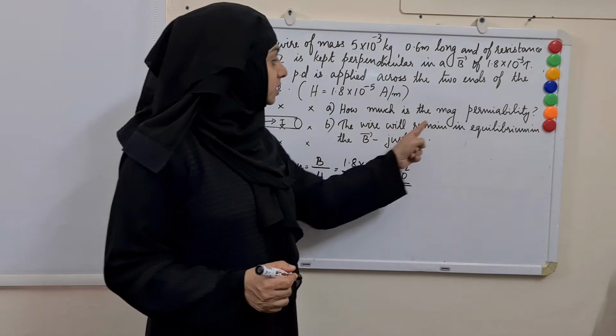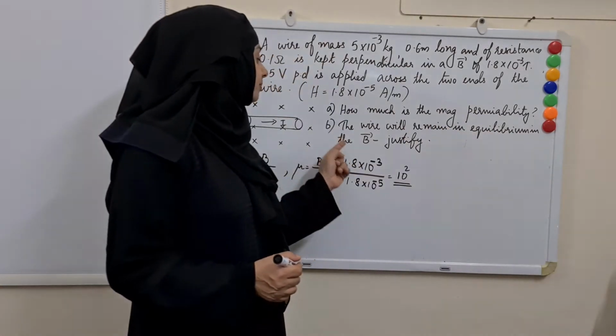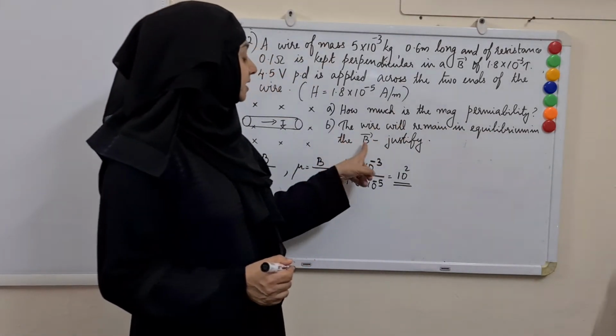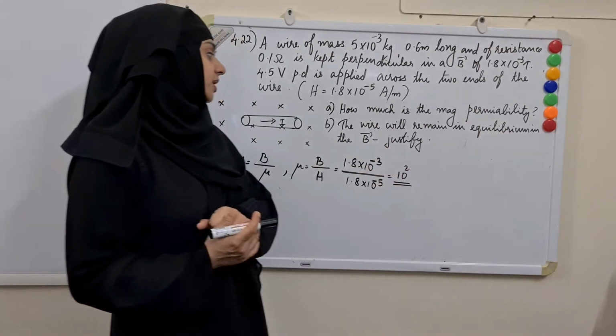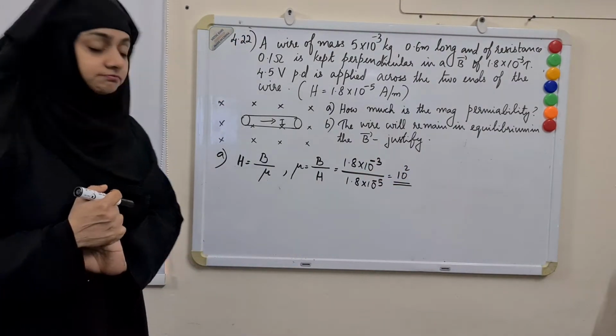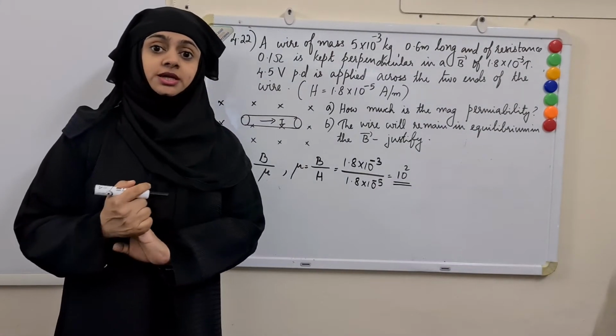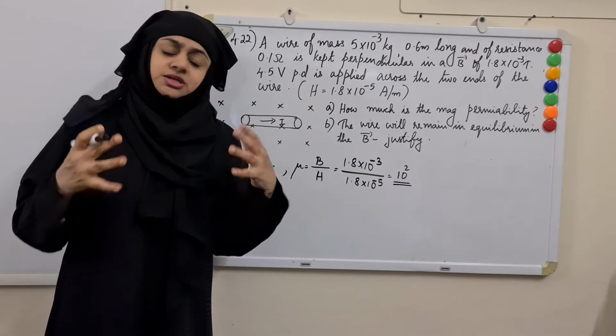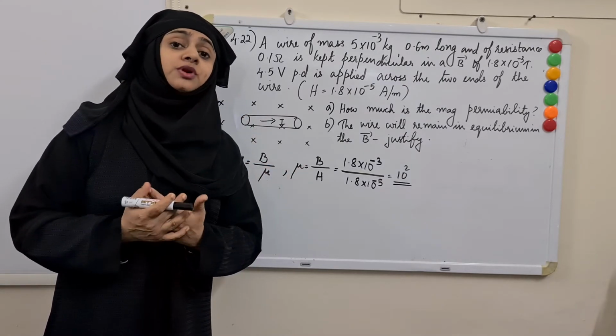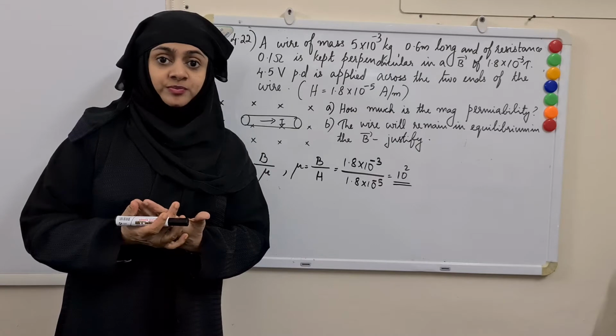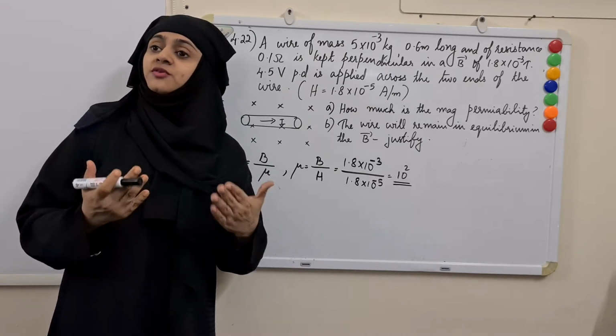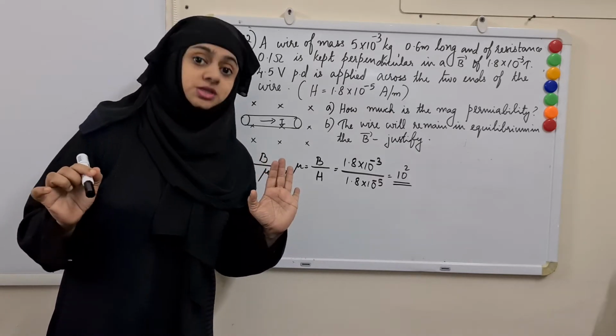Now we have to find, okay, let me read this question B. The wire will remain in equilibrium in the magnetic field B. Justify. So we know that a quantity or some object will remain in equilibrium if the net force acting on it is 0.